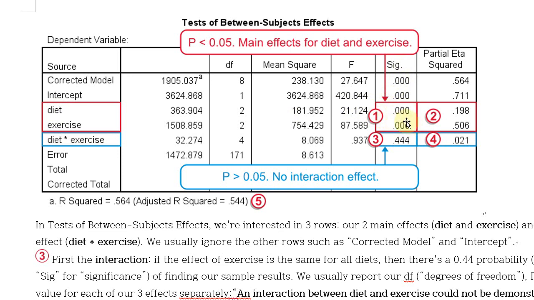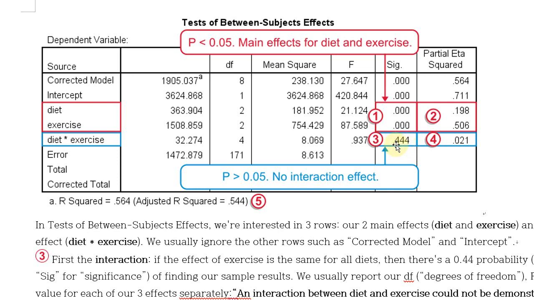This is also 0, meaning that each of these variables makes an influence on losing weight, right? But in the case of diet and exercise, the multiplied effect, look at that, is quite low in significance.